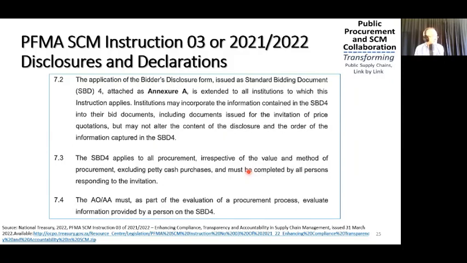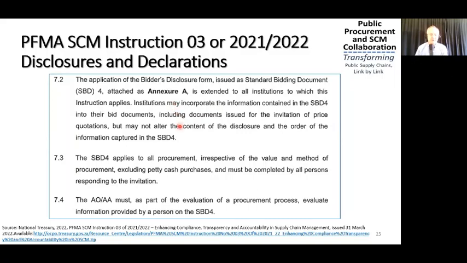I guess it's saying if you leave it out of the bid document, that would not be a finding, but it would be a finding if they don't complete it. It means service providers would then have to go and find it themselves. Yes, correct. It is weird.